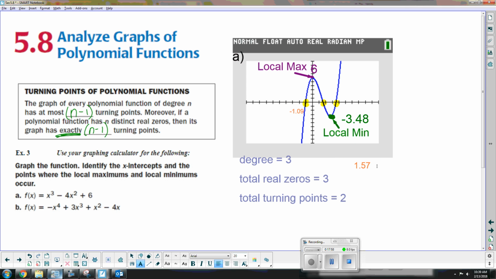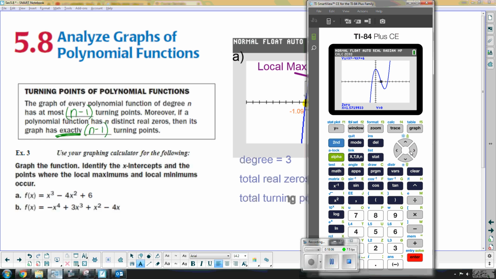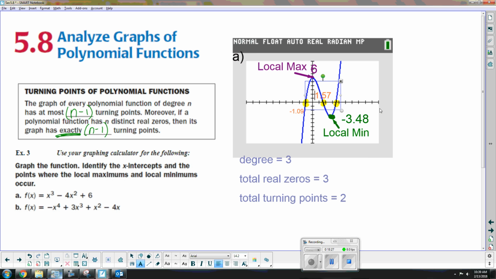A little small, but that's this second 0 right here, 1.57. And now we'll find our last 0. So Second, Calc, 0, scroll to the left of the 0 or the intercept, scroll to the right of the intercept, and hit enter. So your last 0, 3.51.